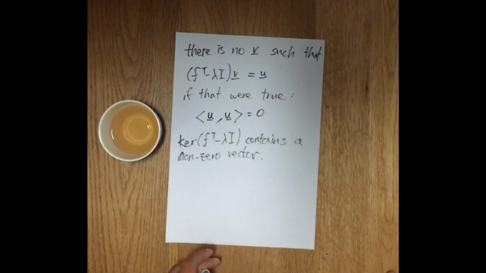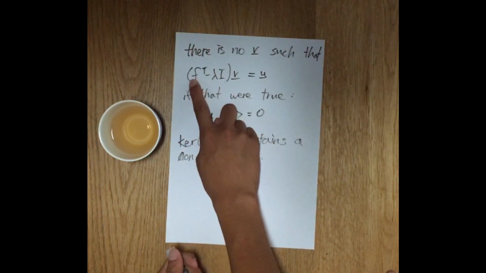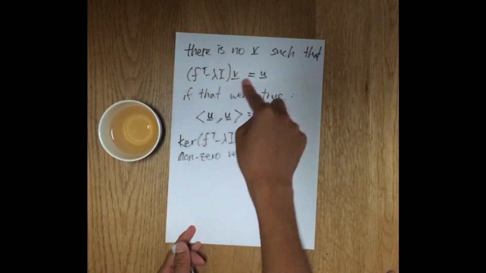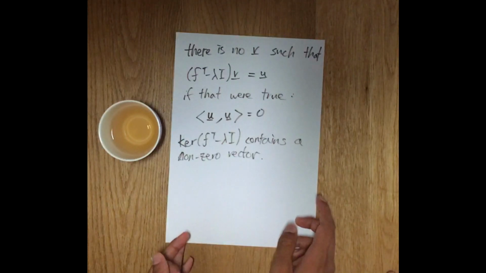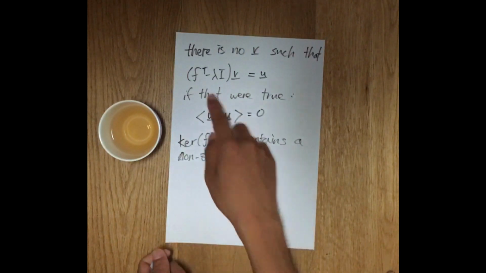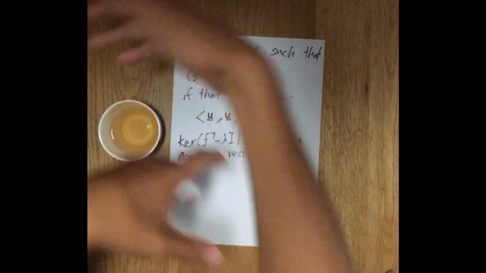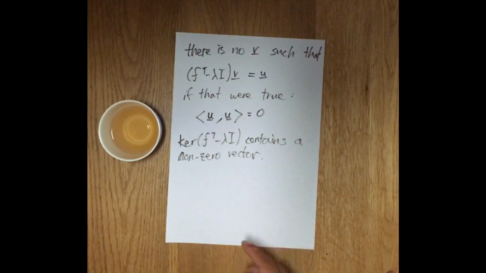I think the most straightforward, once you understand what's going on, is to use the rank nullity theorem. Since the image of F transpose minus lambda I is not the entire vector space, because it doesn't hit U, it cannot be full rank, and so its nullity must be greater than 0, and so its kernel contains a non-zero vector.